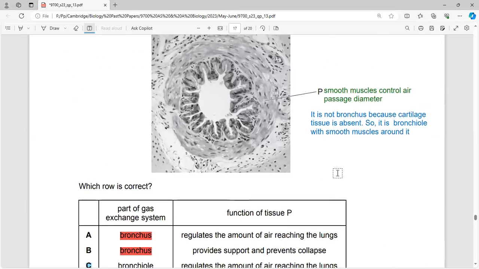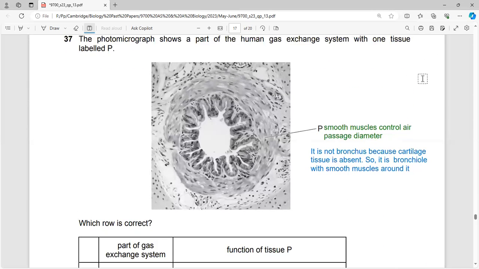Question number 37: the photograph shows a part of the human gas exchange system with one tissue labeled P. We can see that it is a part of the human gas exchange system, which includes the trachea, bronchus, bronchioles, alveolar duct and alveoli.